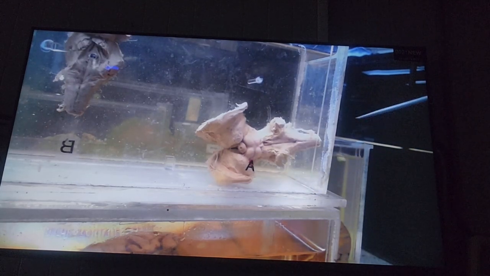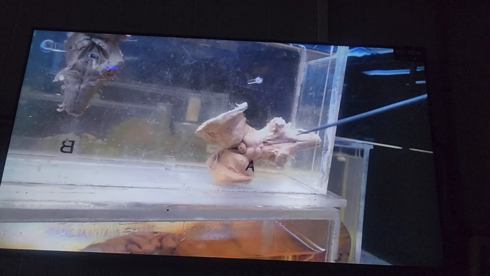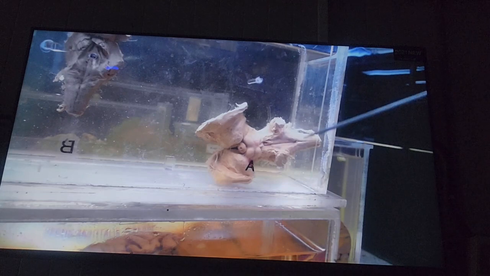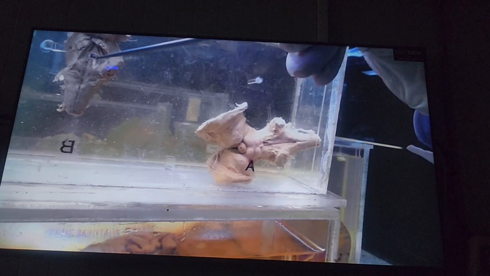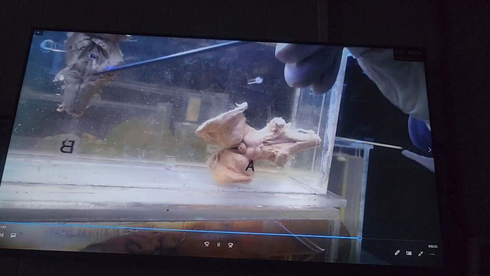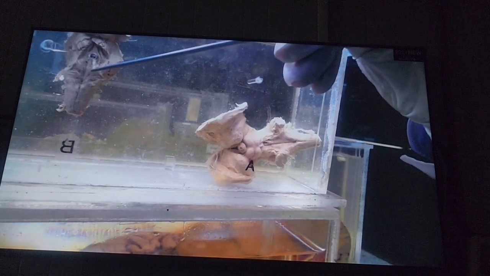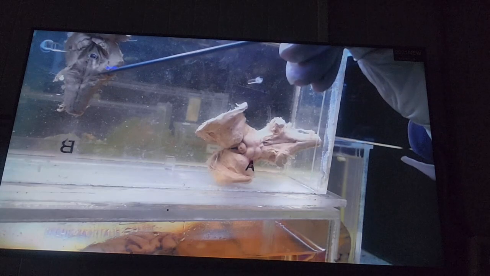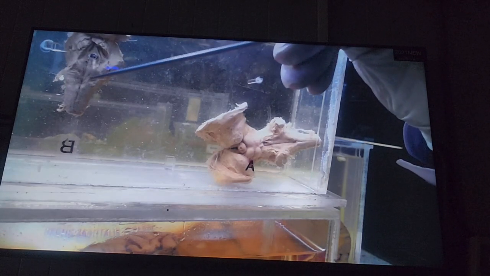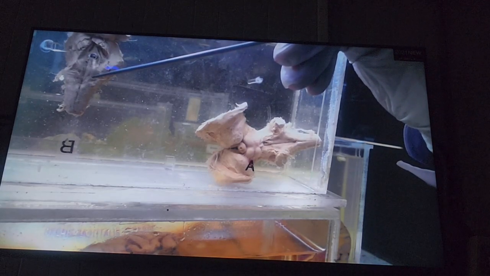Also, in the floor of the rhomboid fossa, there are two triangles in the inferior part, called the vagal triangle and the hypoglossal triangle.